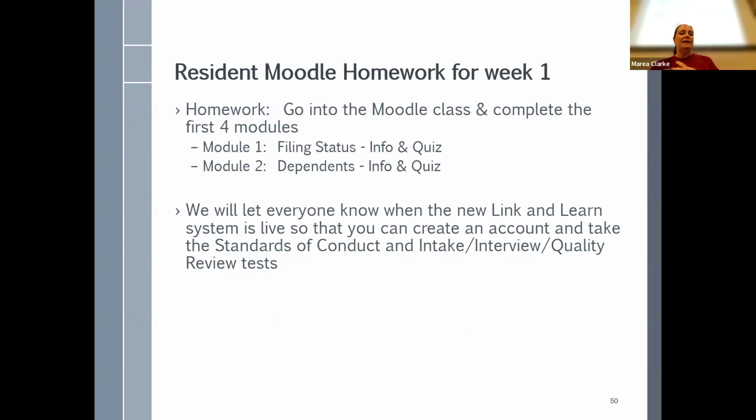Amazingly, we talked about filing status and dependency, so you will get to try to figure out the best filing status and whether these people are eligible to be claimed as a dependent or who can claim them as a dependent. Because the IRS is very concerned about that. So that will be several questions on the test. So we're going to make sure that you guys have practice doing that as well.